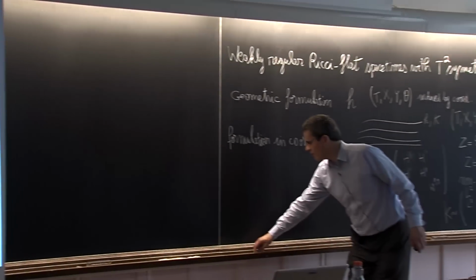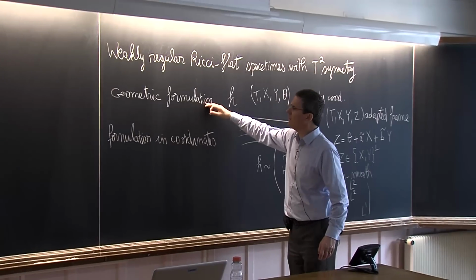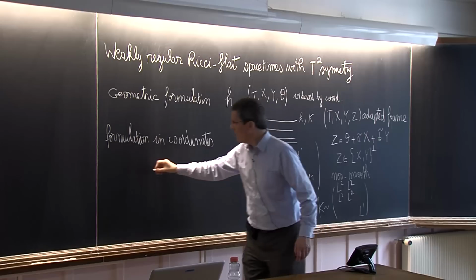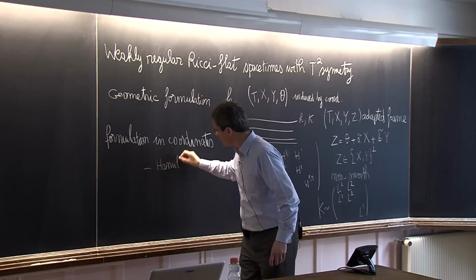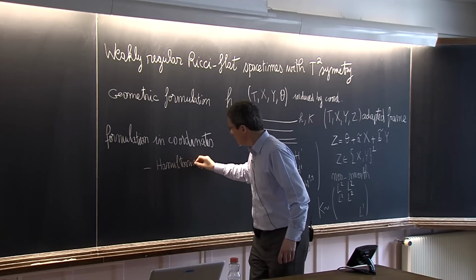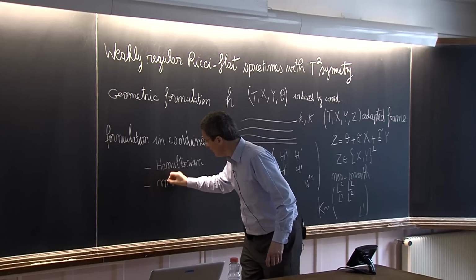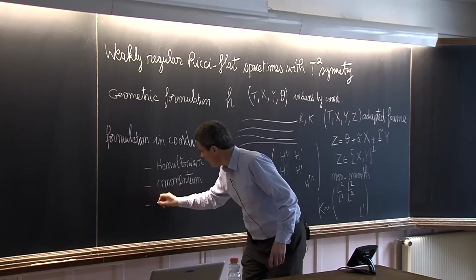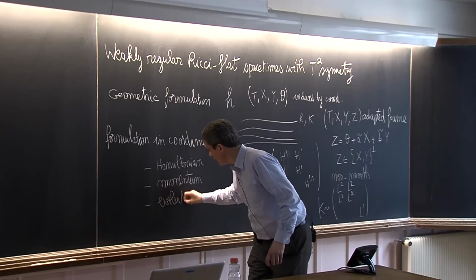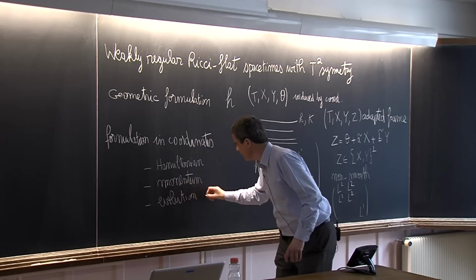In each case, either geometrically or in coordinates, we need to be able to write the Hamiltonian constraint. We need to write the momentum constraint. And we need to write the evolution equations coming from the Einstein equations.